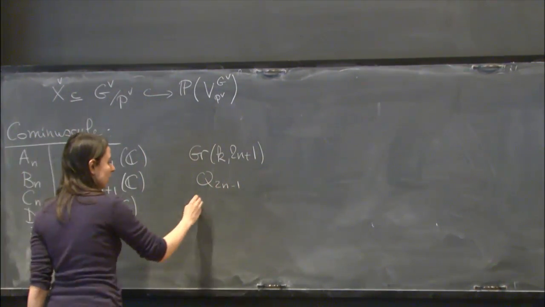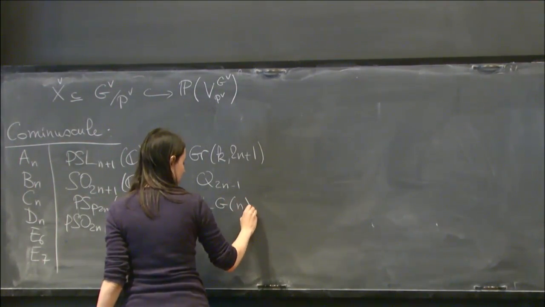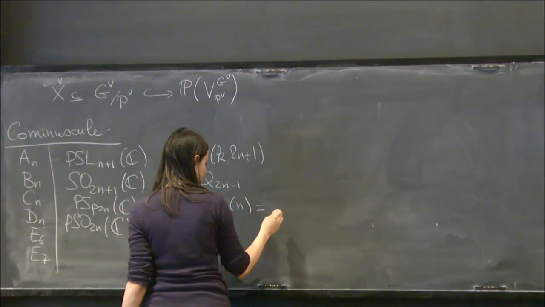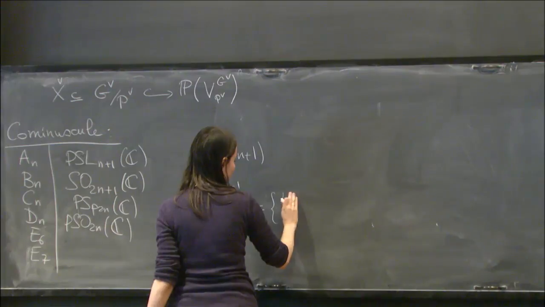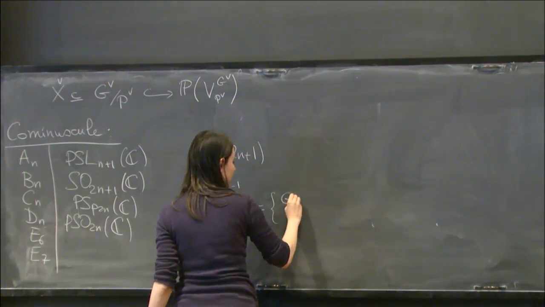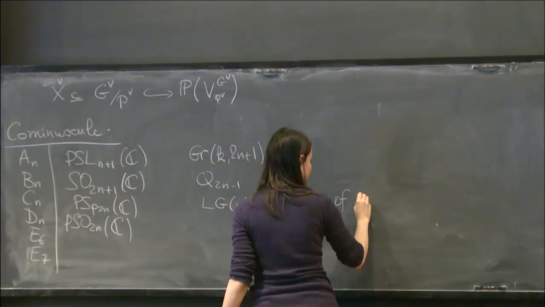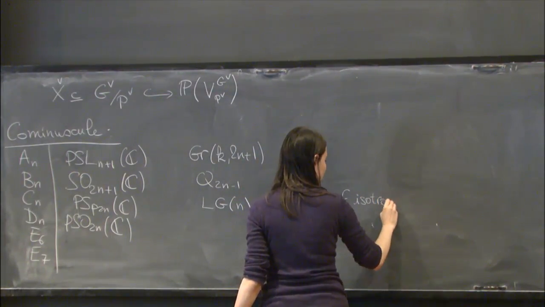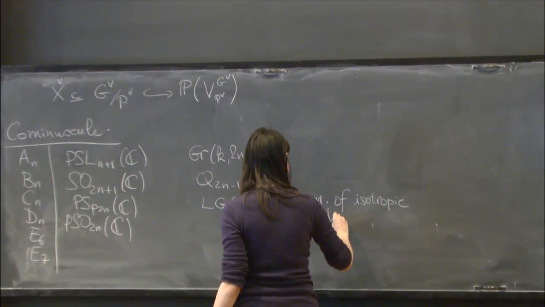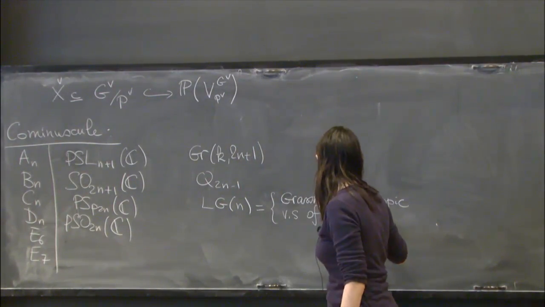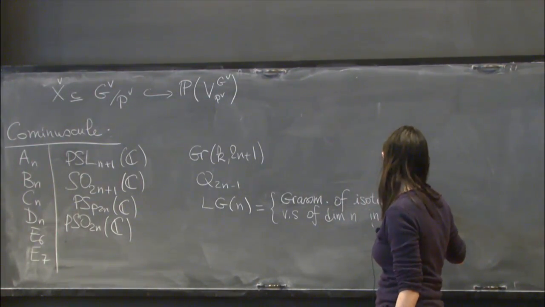In type C_n, we get the Lagrangian Grassmannians, that is, the Grassmannian of isotropic vector spaces of dimension n in a symplectic vector space of dimension 2n.